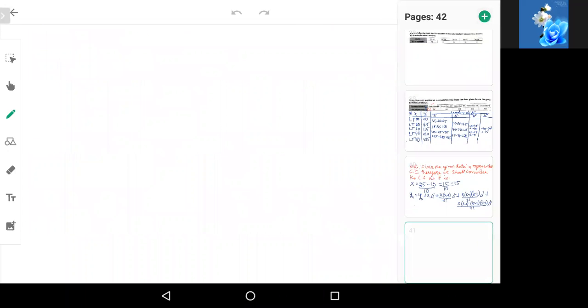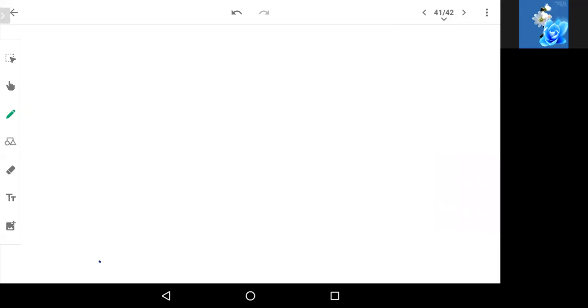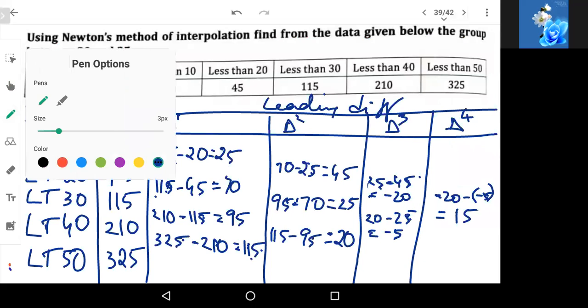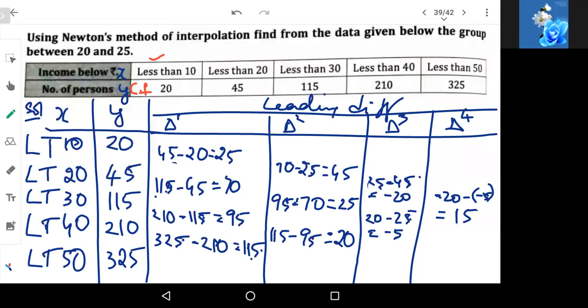So y0 is this value here, 20. Okay, we forgot to write those values: y0, y1, y2, y3, y4. So y0 is 20.